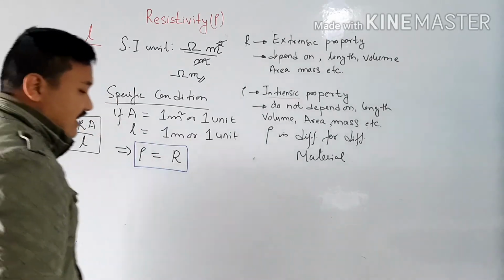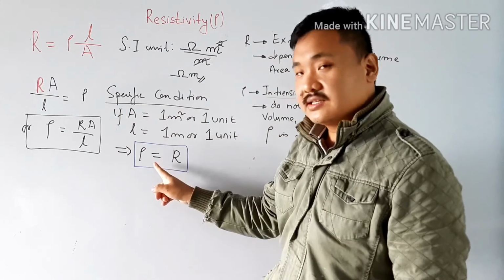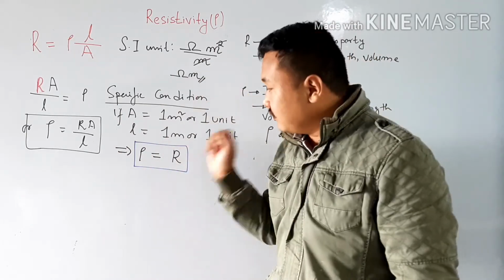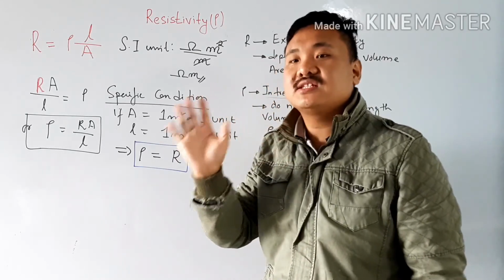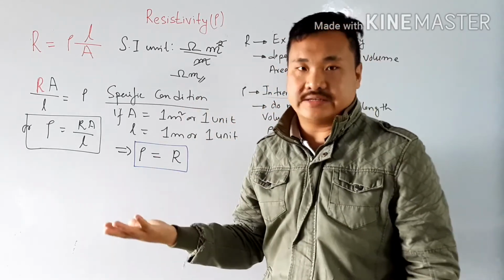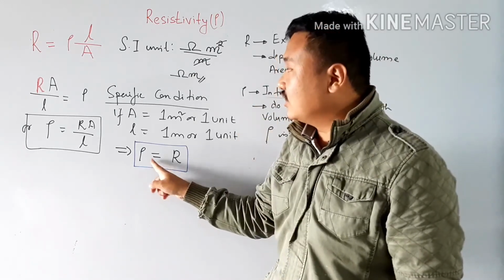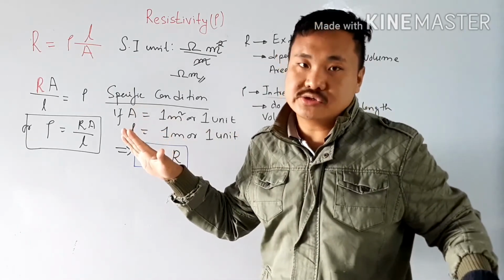Here we say that the resistance is equal to resistivity, isn't it? Or resistivity is equal to resistance. From this, what we can say is that resistance and resistivity are more or less the same. But the condition is that it is the same when the area and the length are unitary. Understood?